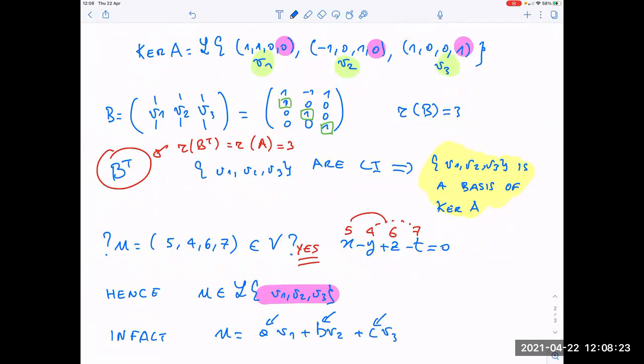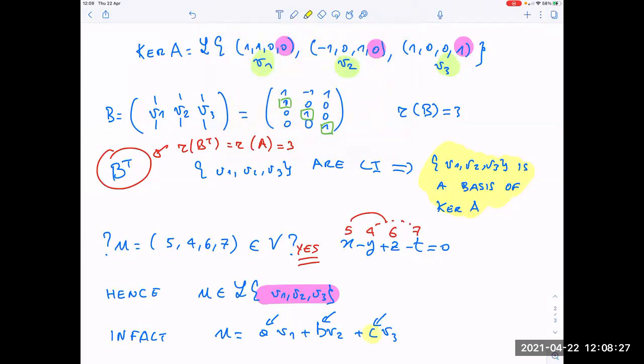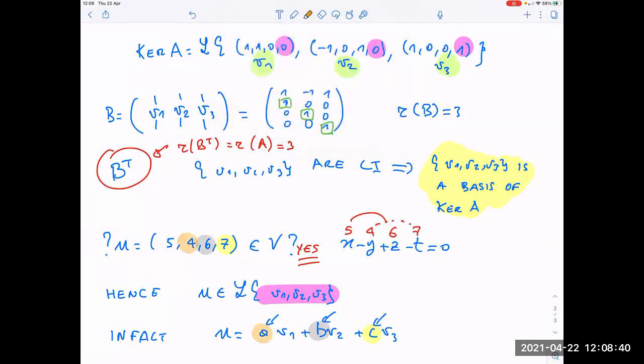4, 6, and 7. Exactly, because the number I have to put here is 7. And the number I have to put here is 6. And the number I have to put here is 4, for the argument we made before, that they are only changing one component at a time.